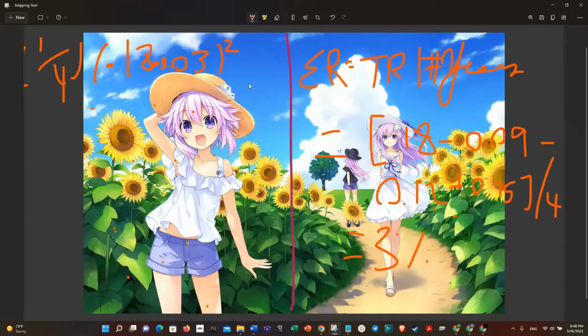Why is it squared? Well, that's because the formula said so. I honestly wouldn't be able to tell you why it's squared, but the math lines up, and that's what matters. Then negative 0.09 minus 0.03, close parentheses, squared, plus, and then you do open, negative 0.12.